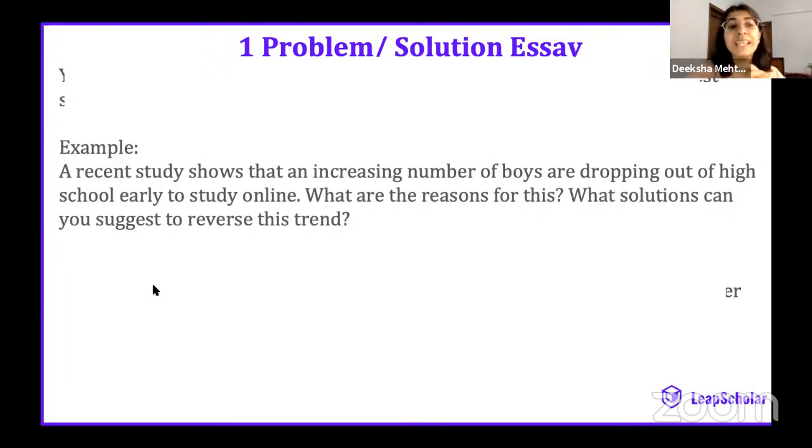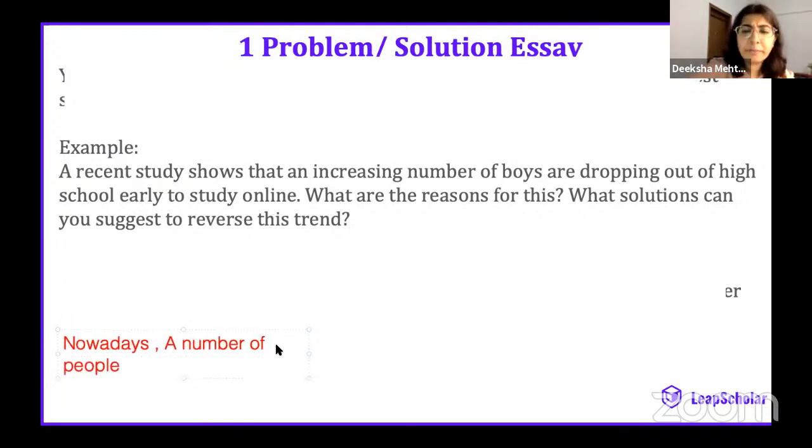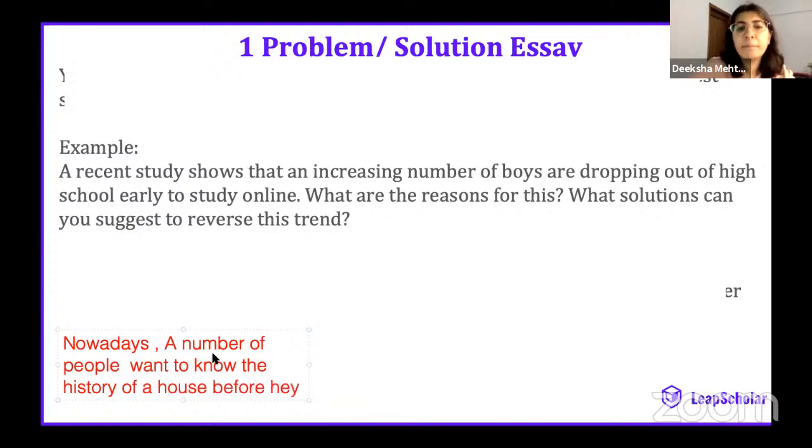So yes, a recent IELTS question was: nowadays, a number of people want to know the history of a house before they purchase it.